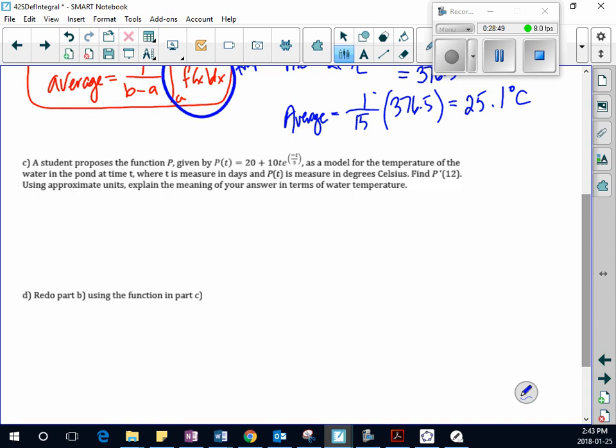By the way, we can use a calculator for this. Has anybody figured out how to use the derivative part of their calculator? Yeah, it's in calc. Well, it'll be in catalog. Oh, look at that. So I'm going to get my calculator just so you know. You can put that directly in. Here we go.